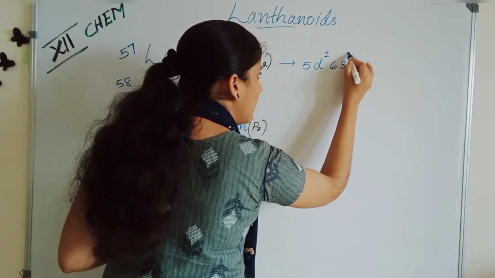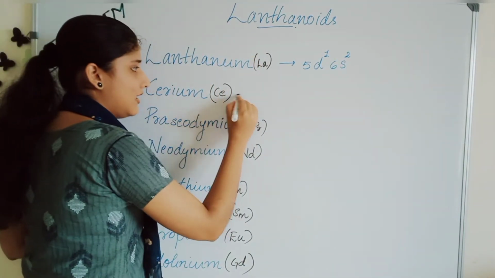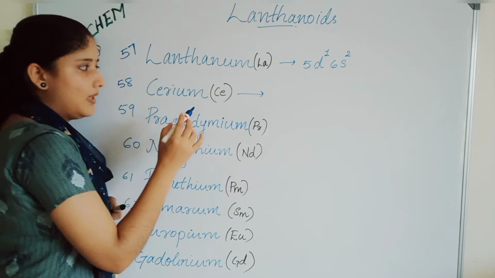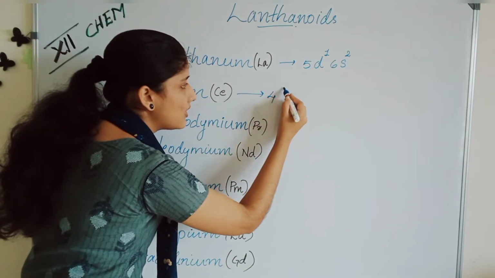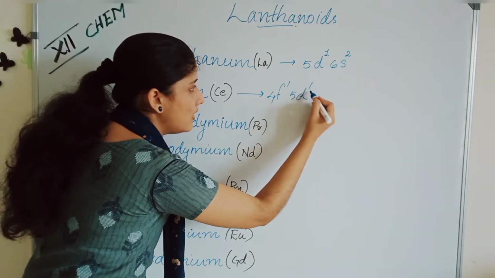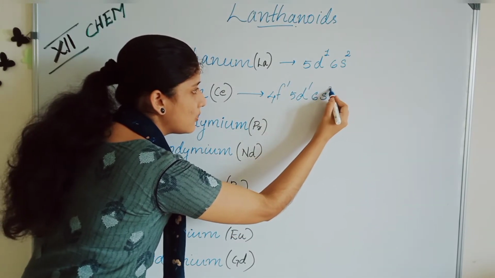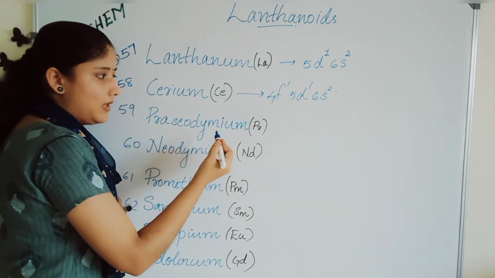Next element is cerium, represented by Ce, and the outer electronic configuration is 4f1, 5d1, 6s2. Next element is praseodymium, represented by Pr.